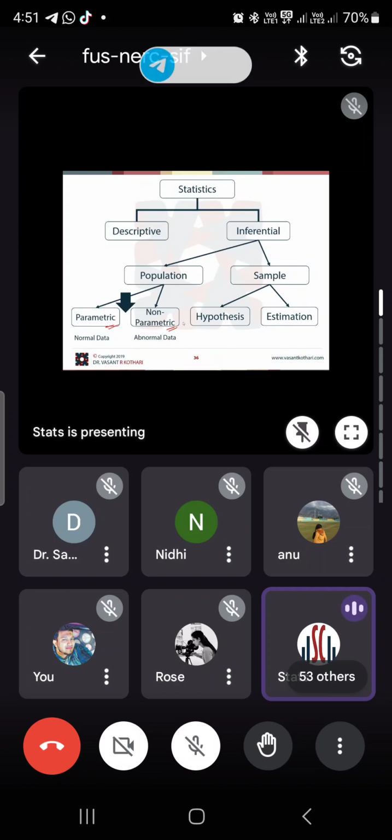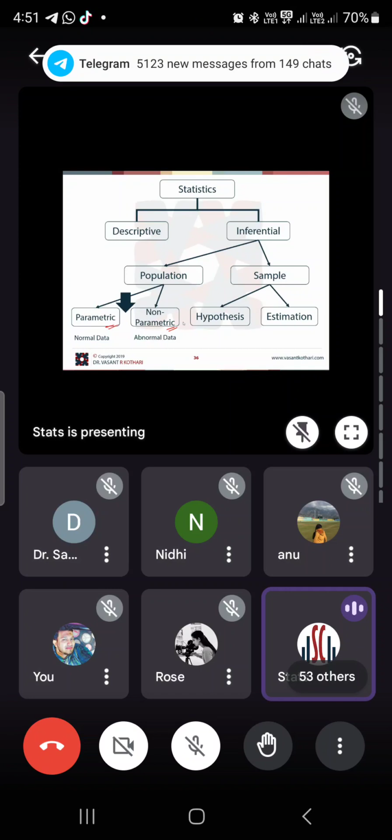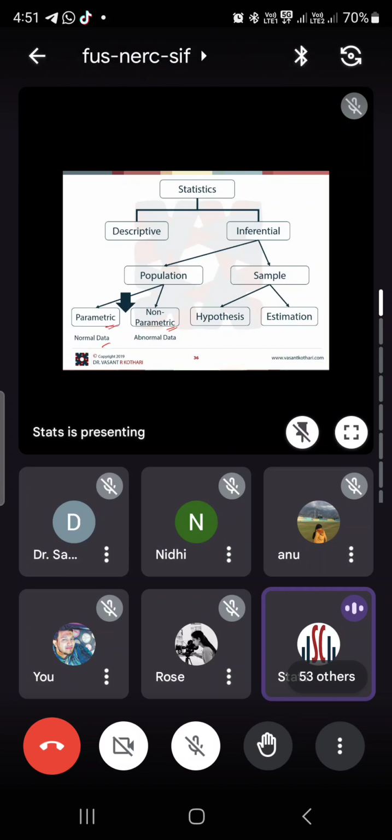So parametric statistic and non-parametric statistic. Parametric statistic is about the normal data, and this is the abnormal data. In descriptive, in organizing the data, we saw that you will get the raw data.